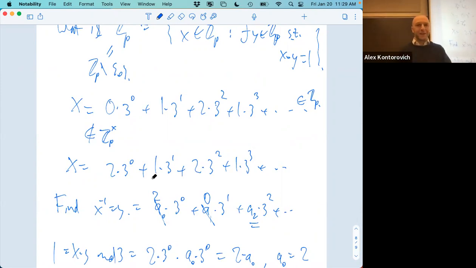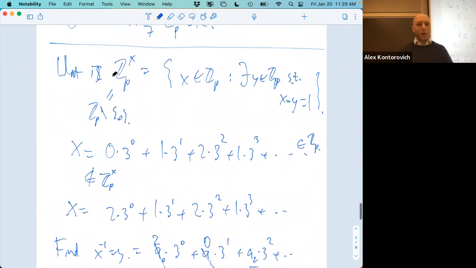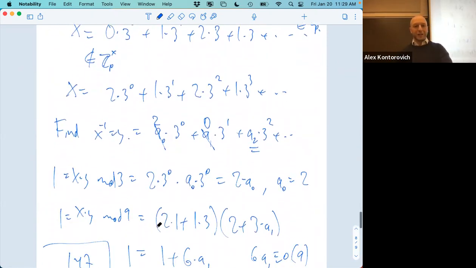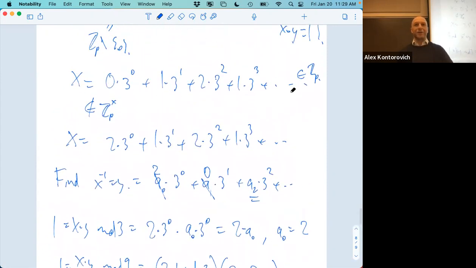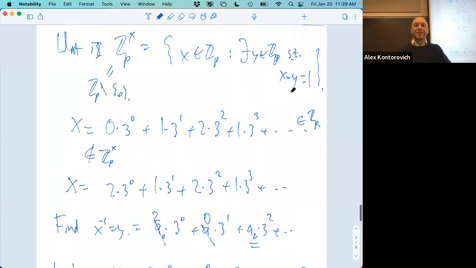Does that make sense? So what numbers are invertible? So it looks like we're successfully inverting this number x. Exactly. So Z_p is the set of all a0 p to the 0 plus a1 p to the 1 and so on, where this guy is a unit.